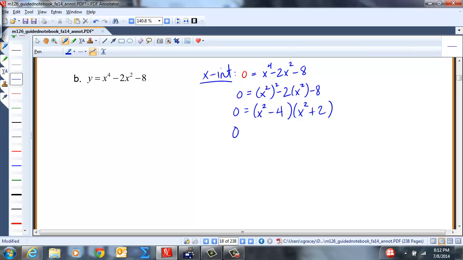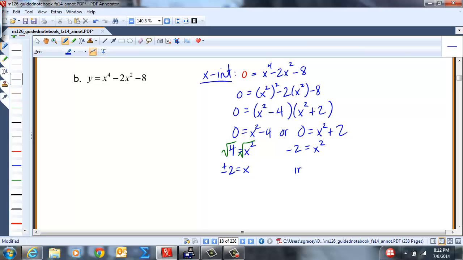So here we go. We have 0 is x squared minus 4, or 0 is x squared plus 2. 4 equals x squared. If I square root both sides, I will get plus or minus 2 equals x. Now over here, look what happens. Negative 2 is x squared.